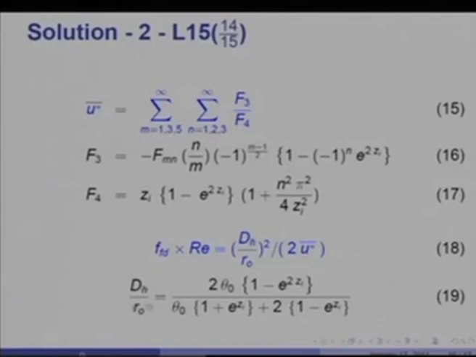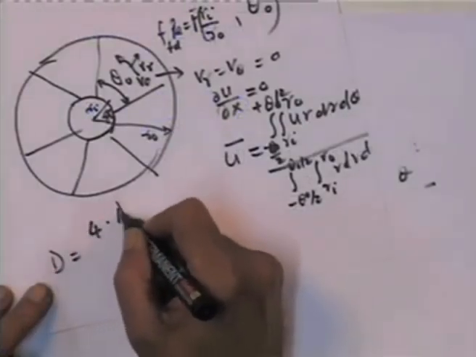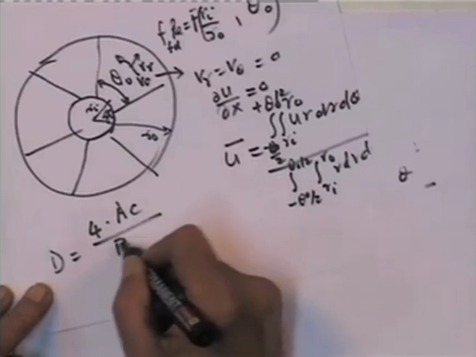The hydraulic diameter in this case, as you can see, looks like a very complicated evaluation, but the very simple idea is dH is equal to 4 times the cross sectional area divided by the perimeter.